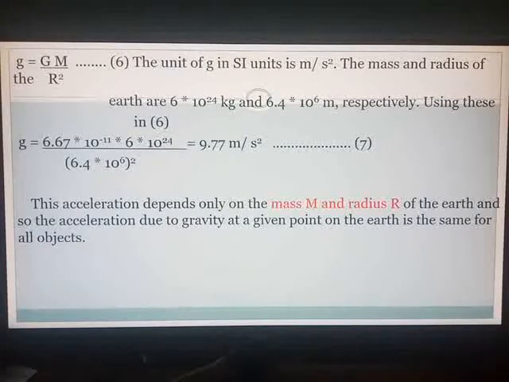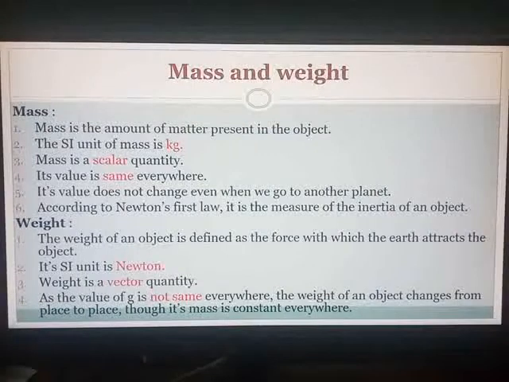Next very important topic is the difference between mass and weight of an object. You all know what is mass and what is weight when it comes to distinguishing between them scientifically. Mass is the actual amount of matter present in the object. While speaking we ask what is your weight, but actually what you speak of is the amount of matter, that is mass.